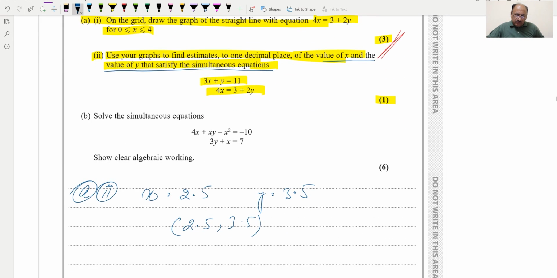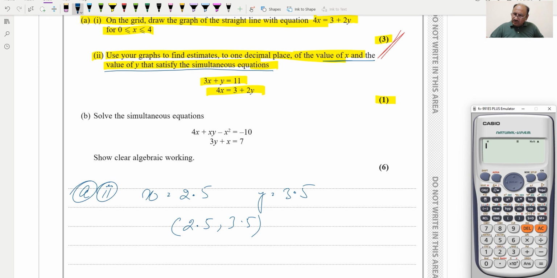And if we check whether this is satisfying the simultaneous equation or not, we can take the x value, which is 2.5, multiplied by 3, and plus the y value, which is 3.5, and if we check, this is equal to 11.